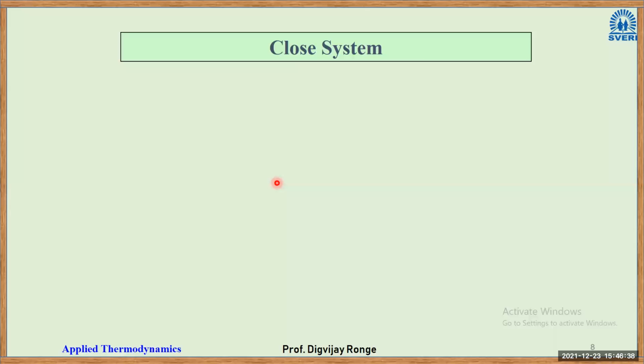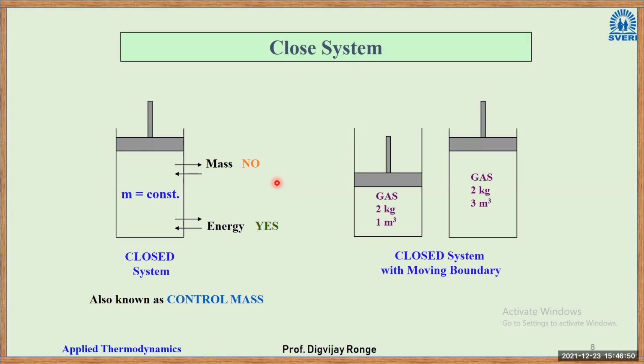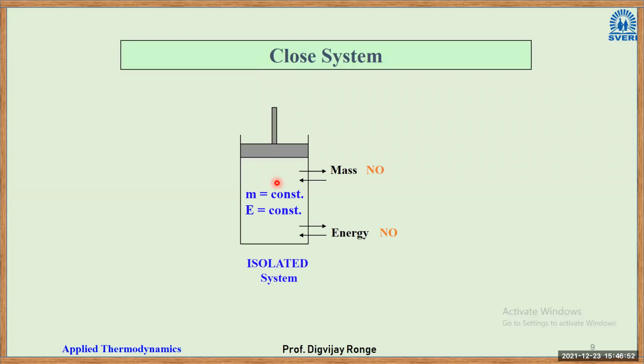In system we have three types. First type is closed system, where mass transfer cannot take place, but energy transfer may take place, right? Various examples we saw yesterday. Now in closed system, there is a special case called isolated system where neither mass nor energy transfer can take place.